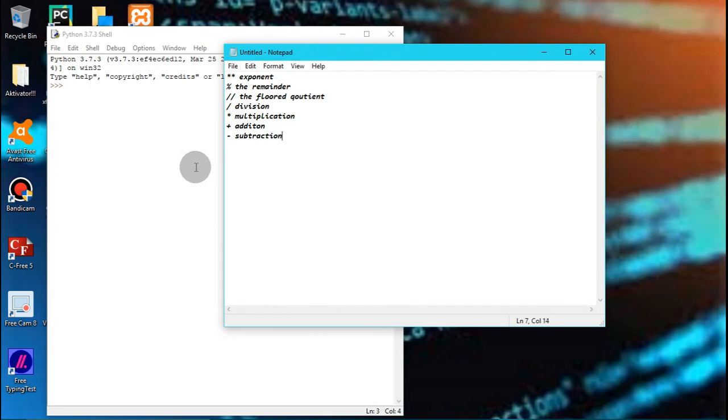So these are the main operators in Python and in almost every programming language.